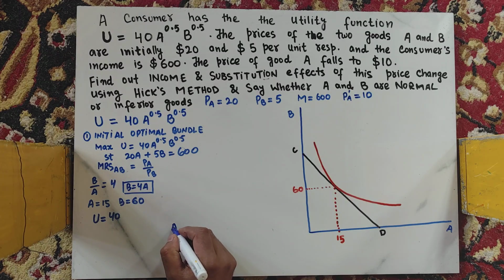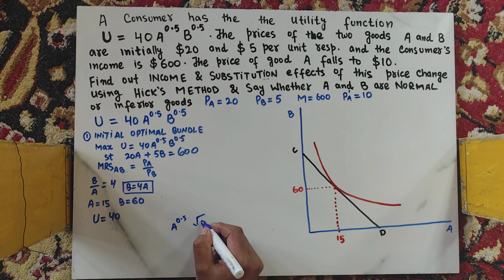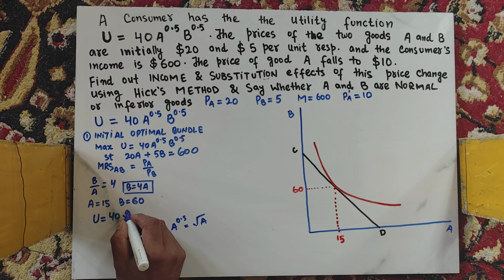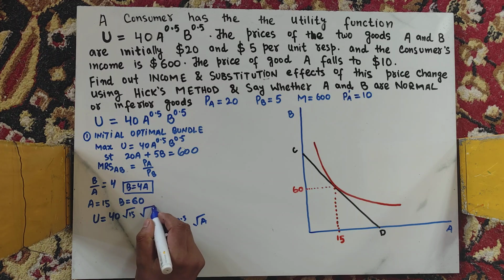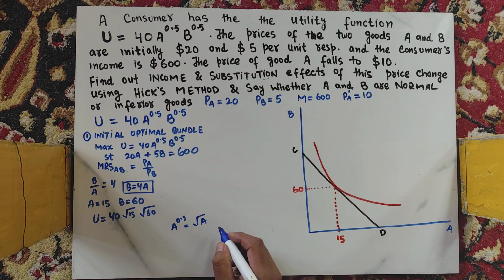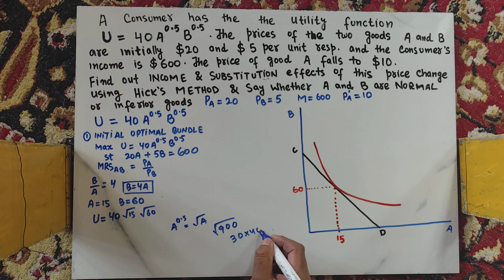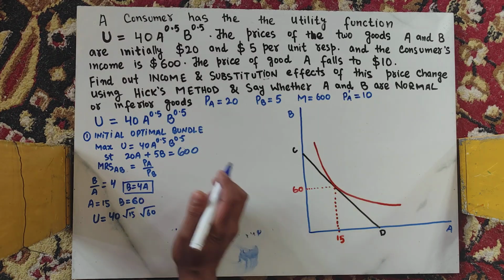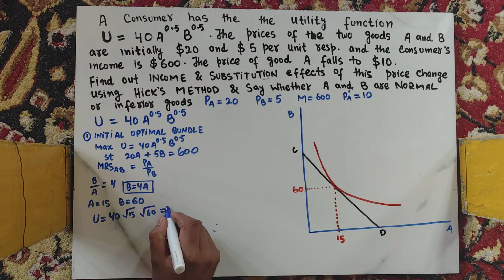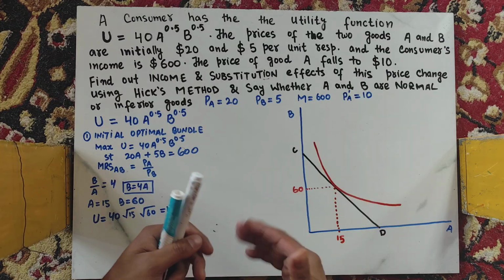A raised to the power 0.5 is under root A, so we can write it like this: 40 times under root of 60 into 15. 60 into 15 is 900, so it is under root 900, which is 30, and 30 into 40 gives 1200. So the utility derived is equal to 1200 units. We need this here. So we found out the optimal initial bundle.